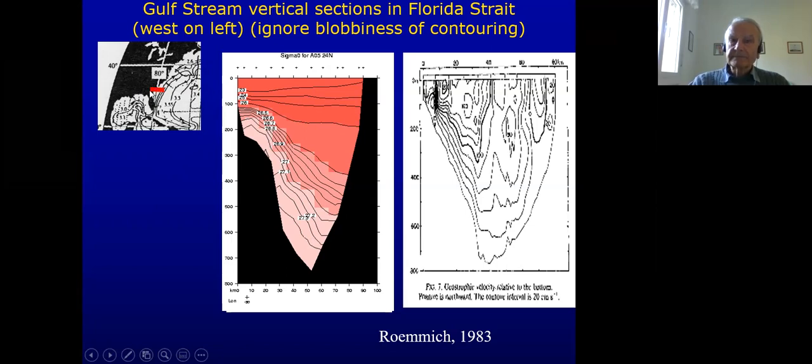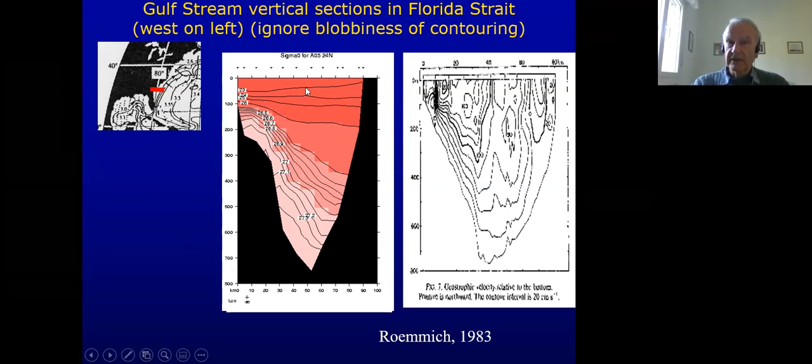You can see a similar thing to what we have seen in Antarctica. We have this strong horizontal gradient of density in the deeper layers, while in the surface layer the horizontal gradient of density is relatively low.